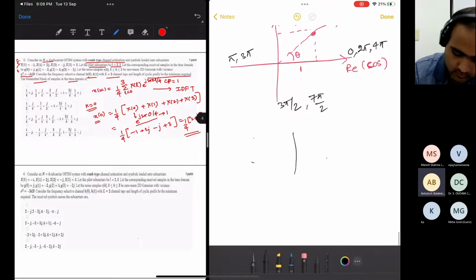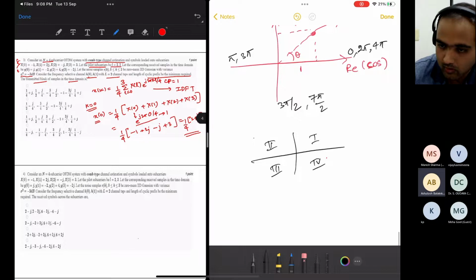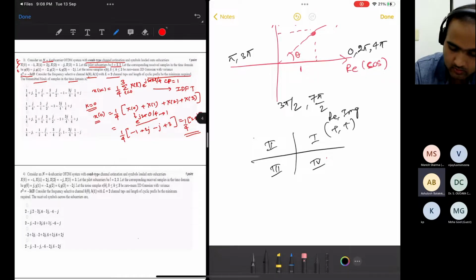Just note that if we have the first quadrant, second quadrant, third quadrant, and fourth quadrant, with real and imaginary axes, in the first quadrant both will be positive, so we have cos theta plus j sine theta. Here we have minus cos theta plus j sine theta.